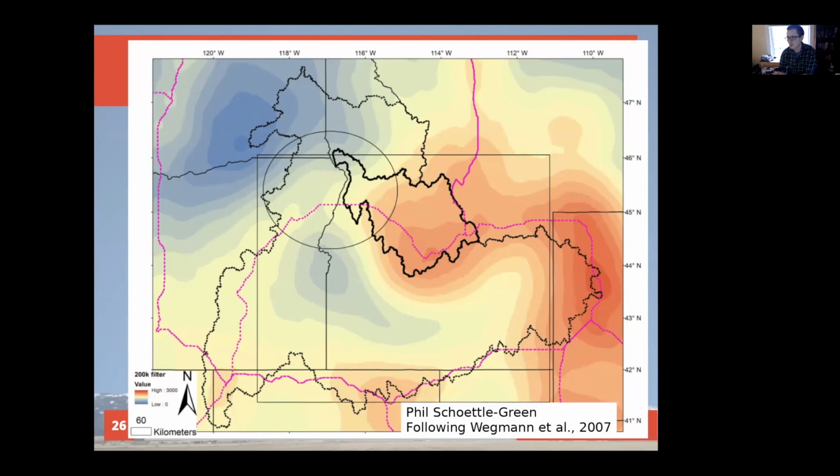And this is something that's been proposed before, outside of the context of lower crustal flow, but Carl Wegmann and others have proposed that if you filter topography using some Gaussian filter, what you're seeing is roughly the flexure, or the topography that the landscape wants to have given some sort of dynamic effect.